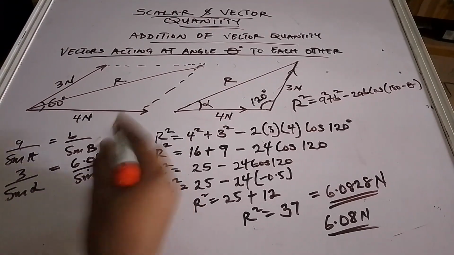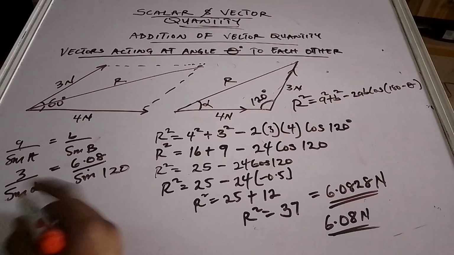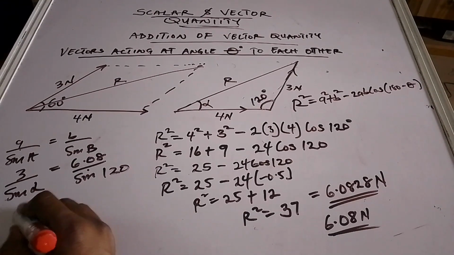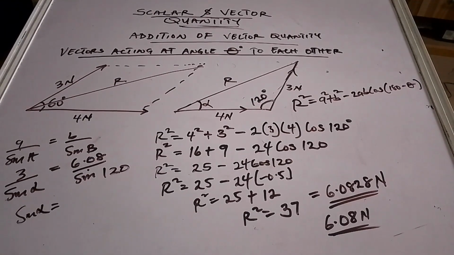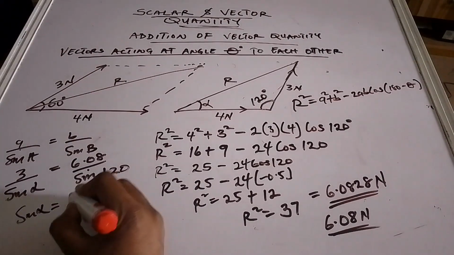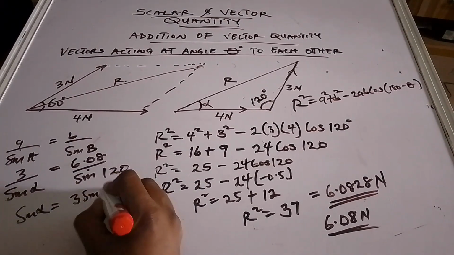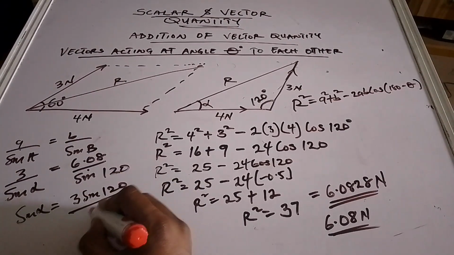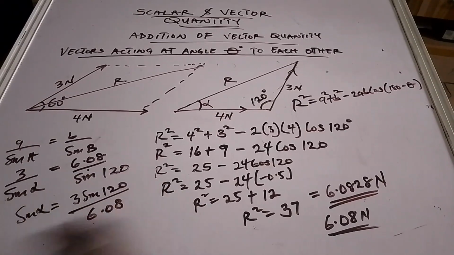So let's cross multiply and find alpha. In other words, sine alpha here is going to be, if I cross multiply, 3 sine 120 divided by 6.08. So what's going to be our sine alpha?